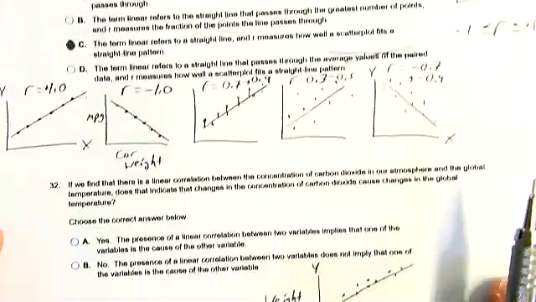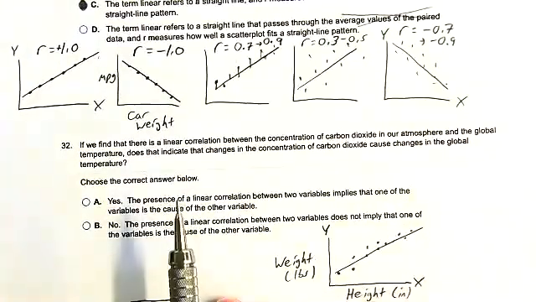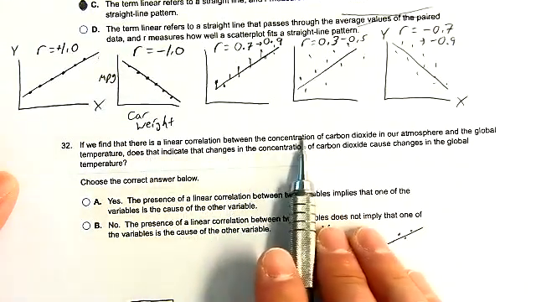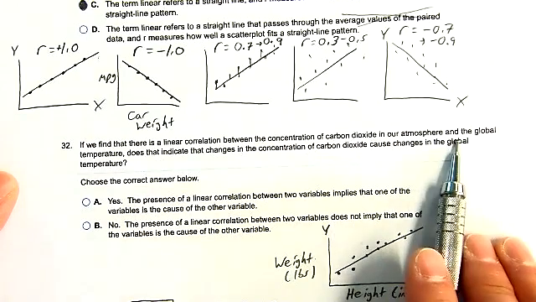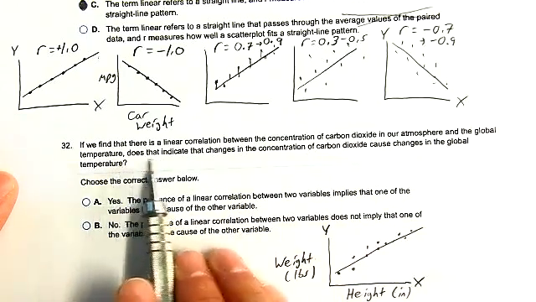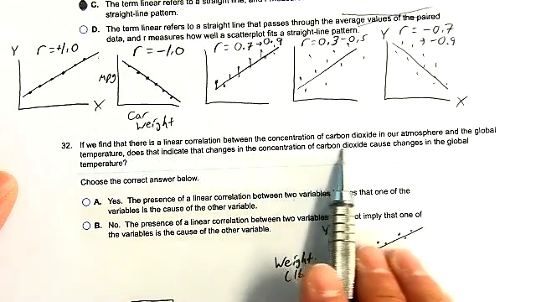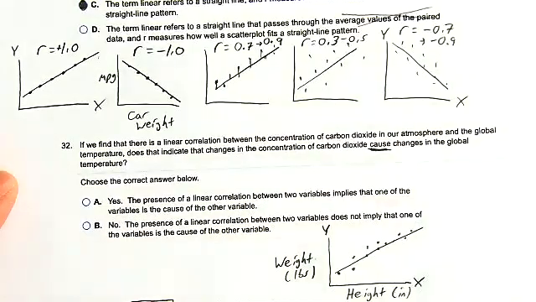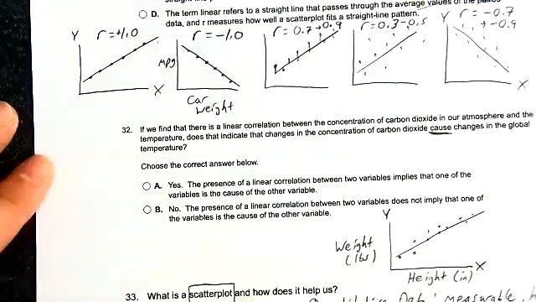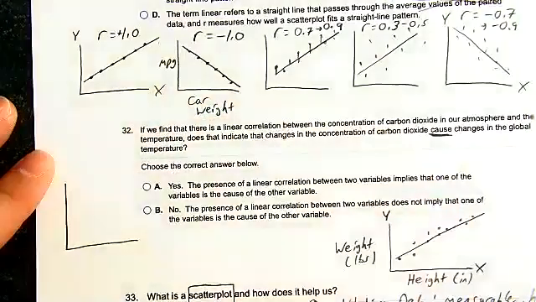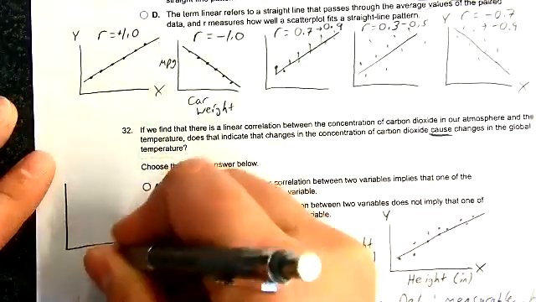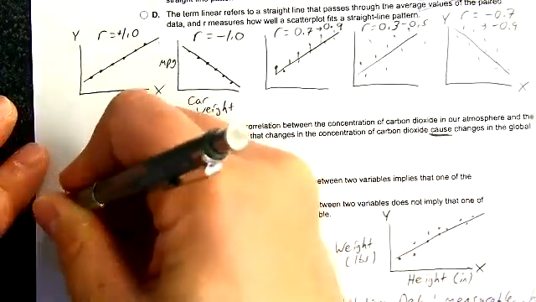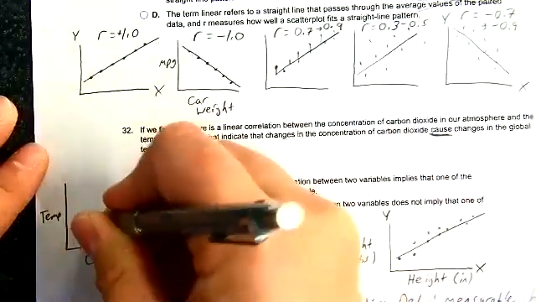Okay, 32. If we find that there is a linear correlation between the concentration of carbon dioxide in our atmosphere and the global temperature, does that indicate that changes in the concentration of carbon dioxide cause changes in the global temp? So what they're saying is this. We look at carbon dioxide, CO2, and we look at global temp, and they found that the dots look something like this.